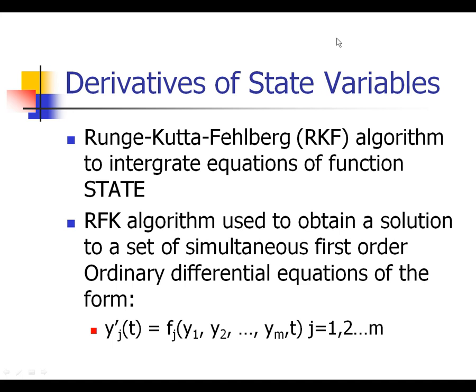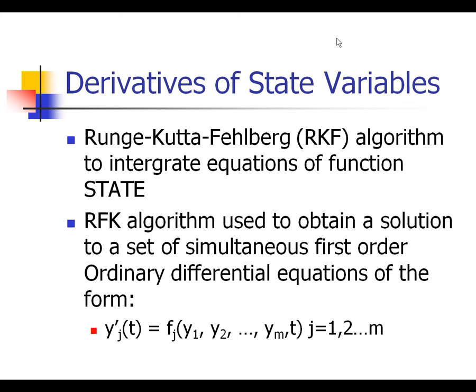Derivatives of state variables is the second way that we calculate changes in the values of the state variables. And OSM uses a Runge-Kutta-Fehlberg algorithm to do the integration. So this is kind of an approximation method, although it's very accurate. It involves stepping time forward in small time steps and estimating the possible error that might occur based upon previous rates of change of the various variables.